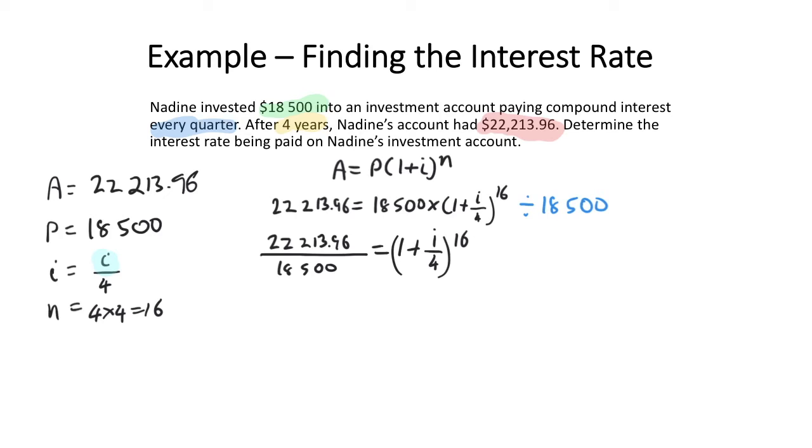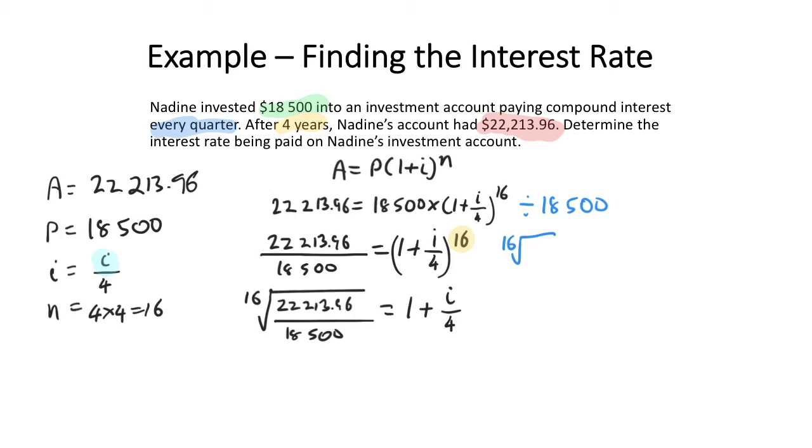So continuing to work through, next I want to get rid of my index, so to the power of 16. To do that, I need to take the 16th root and apply it to both sides. So the 16th root of 22,213.96 divided by 18,500 is going to equal 1 + I/4.